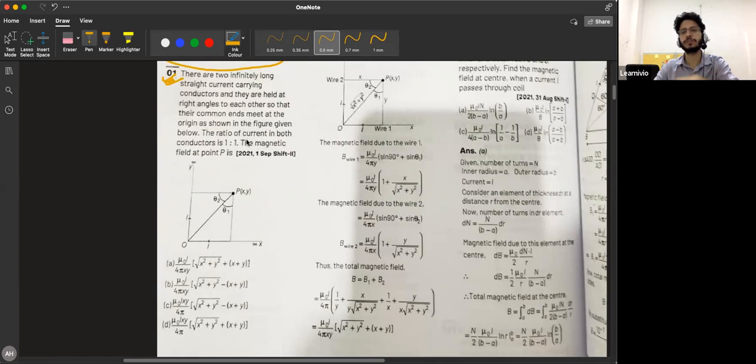Just note down the question, we'll discuss the solution together. No need to write the options. Just write the question and draw the diagram. Then we'll solve it together.